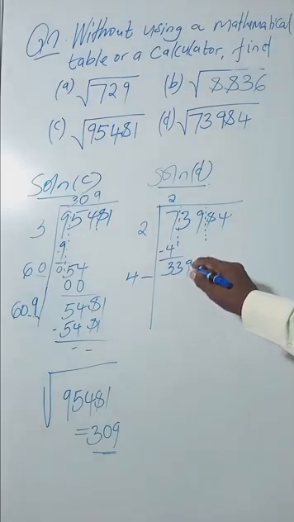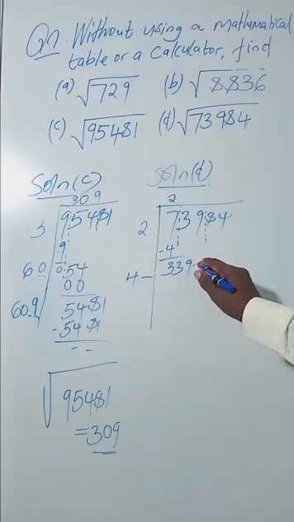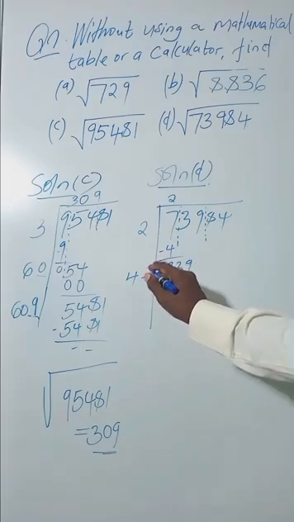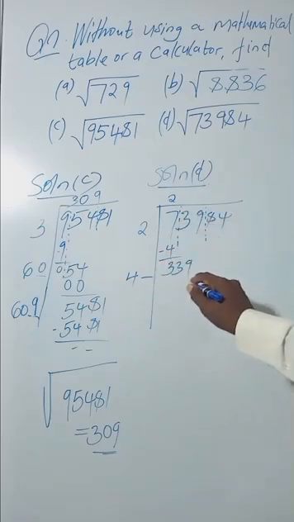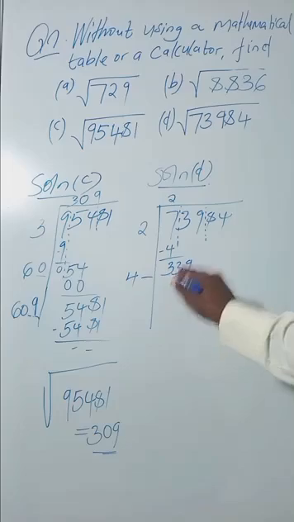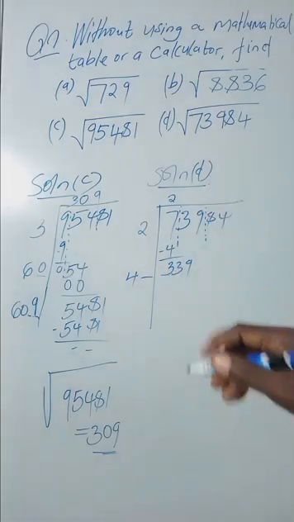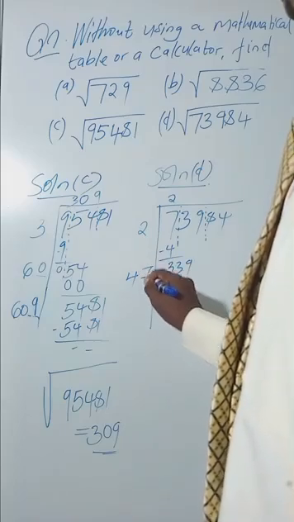Okay, how do we get 9? There are two options. Either it is 3, or it is 7. If we try 3, put 3 here, 3 there, you get 3 times 3, 9. Then 3 times 4 will be 12. That number is less. So the second option, let's try 7.